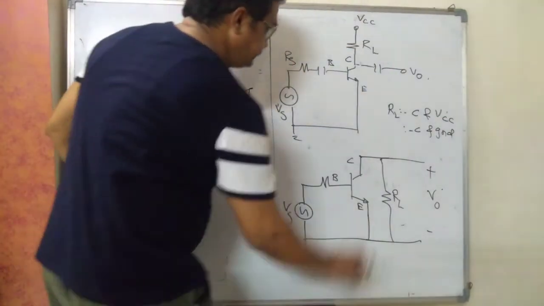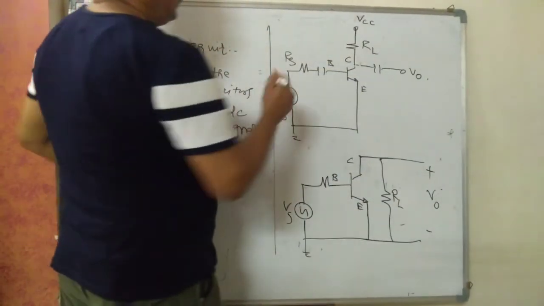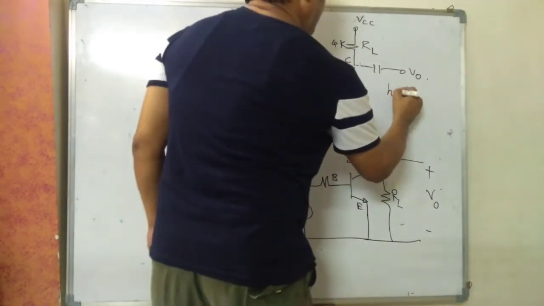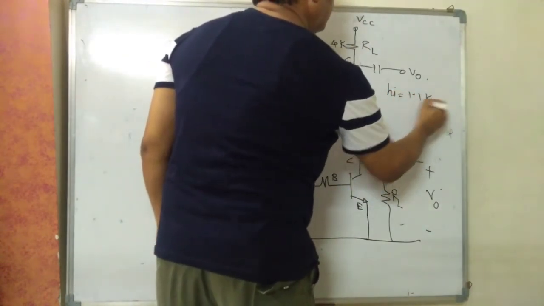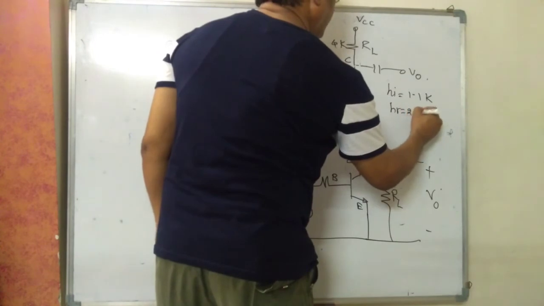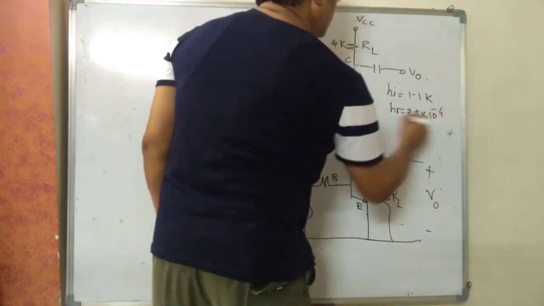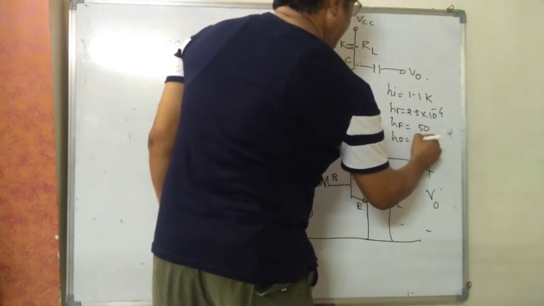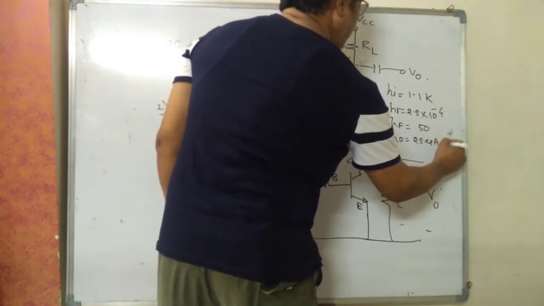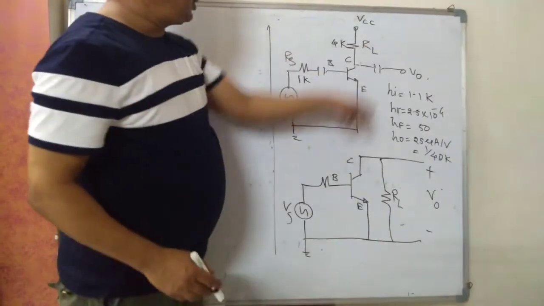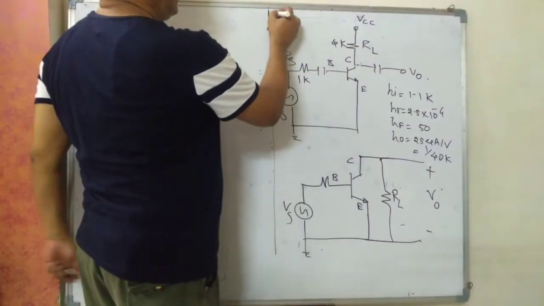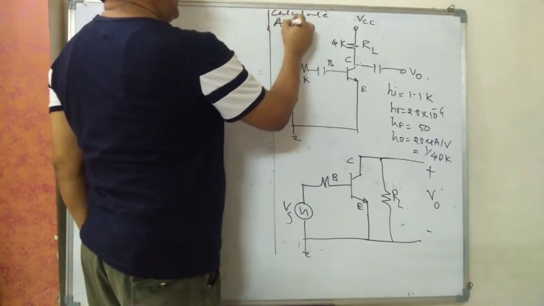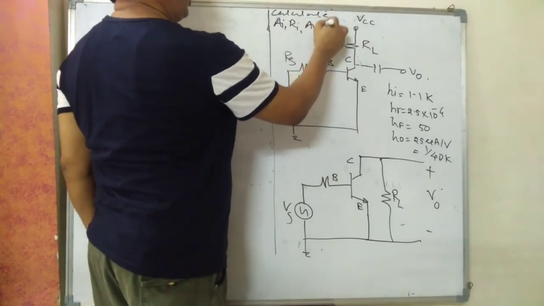So same figure: 1K, 4K, HI is equal to 1.1K, HR equal to 2.5 into 10 raised to minus 4, HF equal to 50 and HO equal to 25 microampere per volts. So for this figure you have to calculate AI, RI, AV and RO.